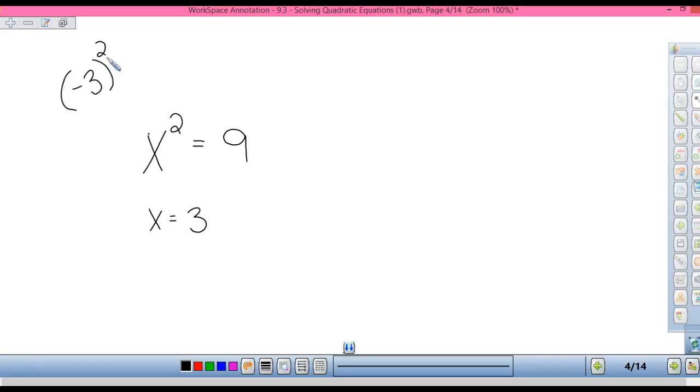So there are going to be two answers for these: x equals 3 or x equals -3. Both of those work, because this is asking what squared equals 9. Does 3 squared equal 9? Does -3 squared equal 9? Yes. So you're going to end up getting two answers that way.